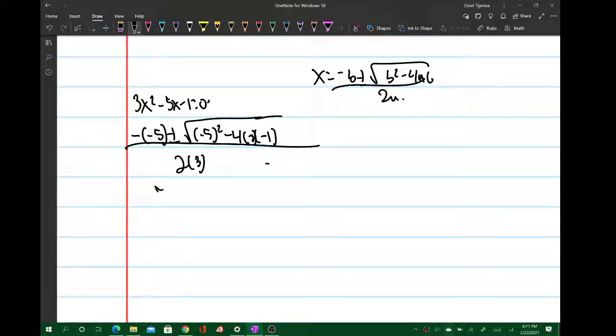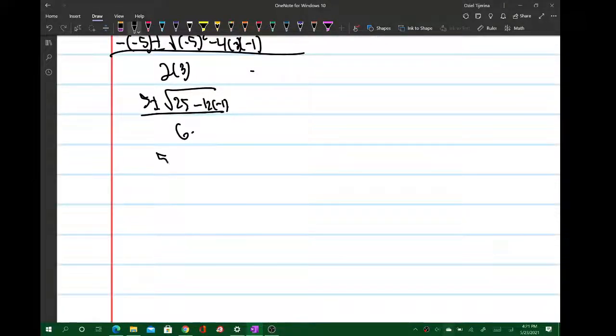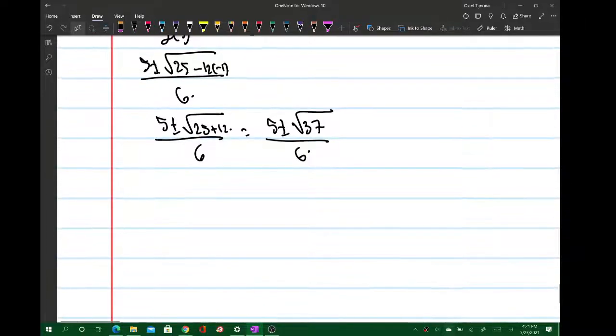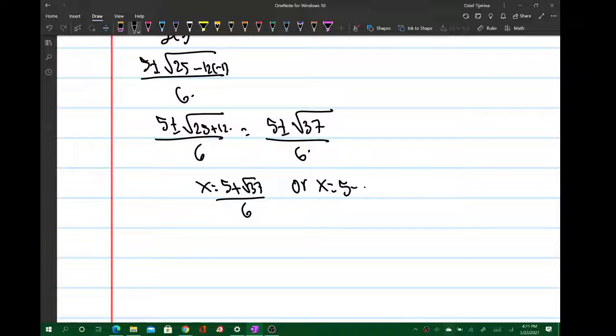So doing this, you have 5 plus or minus the square root of 25 minus 12 times negative 1, all over 6. Then you have 5 plus or minus the square root of 25 plus 12, all over 6. This gives you 5 plus or minus the square root of 37, all over 6. So x equals 5 plus square root of 37 over 6, or x equals 5 minus square root of 37 over 6.